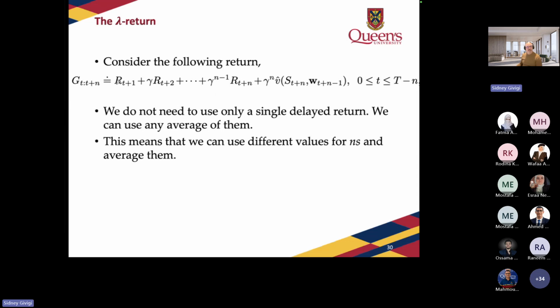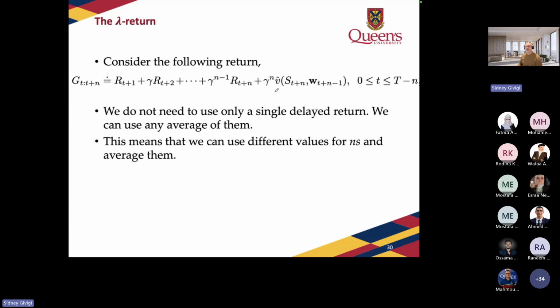In this case, we are using just a single return. But observe that we don't need to do that. We actually can do that for more than one return, and we can combine them. If this is an average, this creates a better approximation of the combined return. So there are different ways that we can do that, for different values of n.